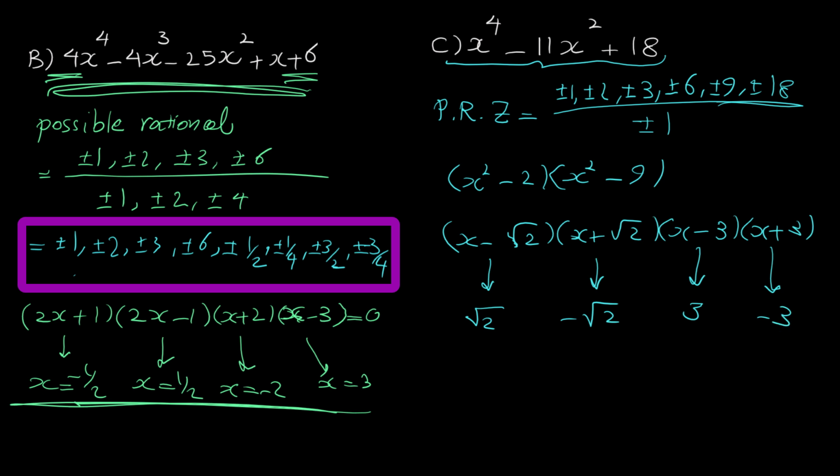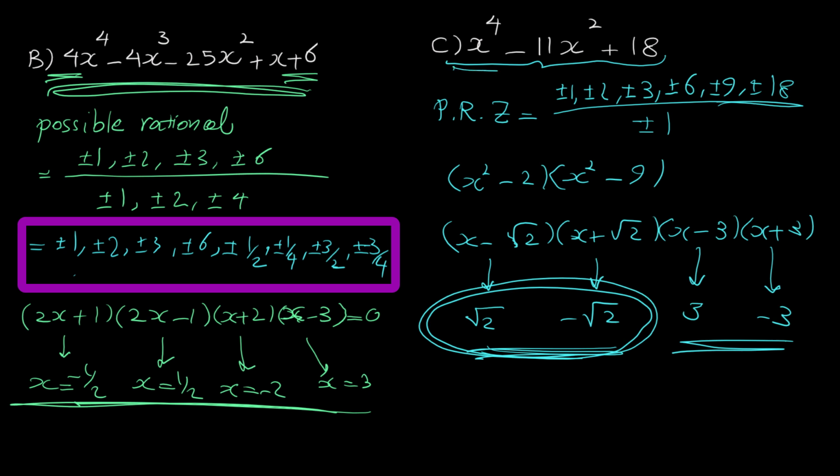Maybe you wonder, these two numbers, plus minus 3, were in our list. But why are these other numbers not in our list? The answer is because these roots, these zeros that make this expression equal to 0, are not rational numbers.